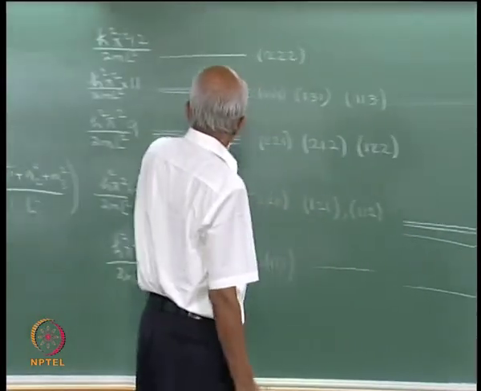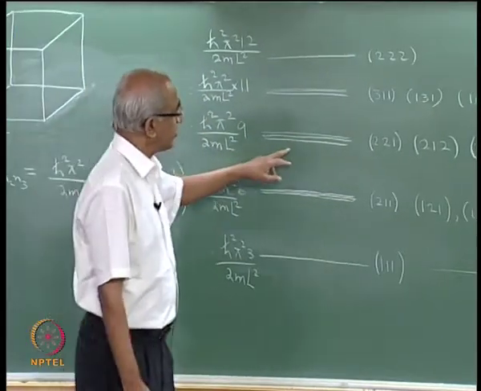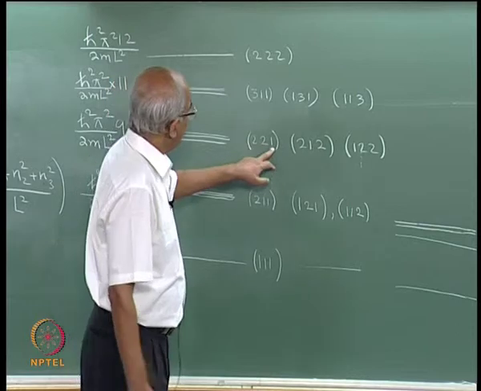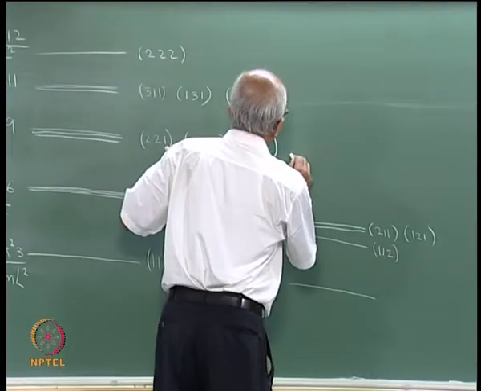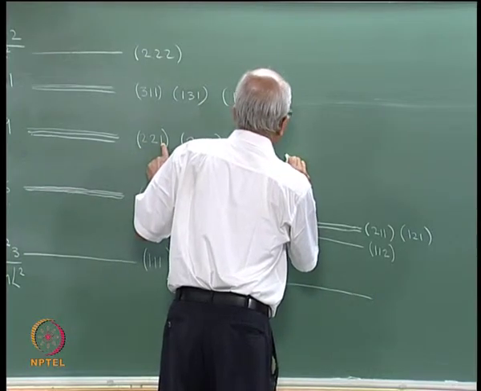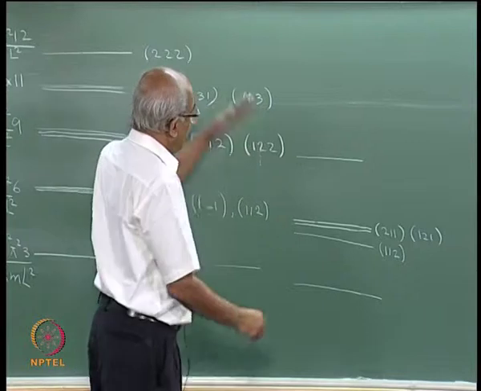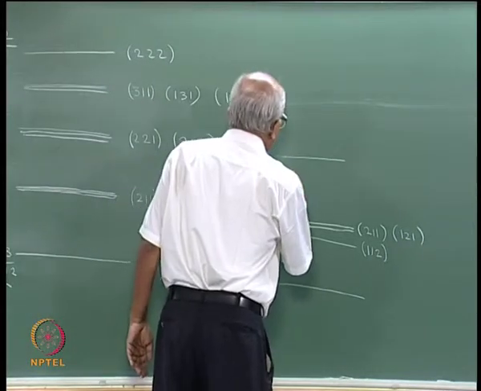Now, in a similar fashion, the same kind of thing will happen with this. There what will happen is that 221 will be lowered, but 212 and 122 will be lowered even more, and therefore, they will remain degenerate.